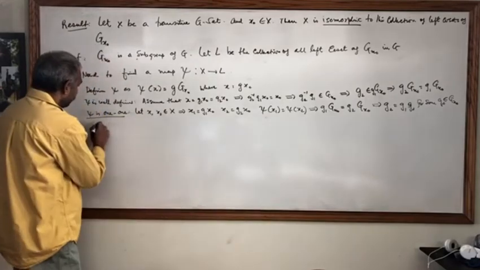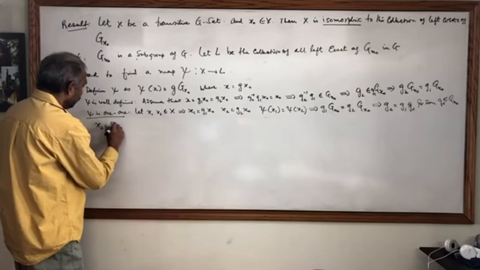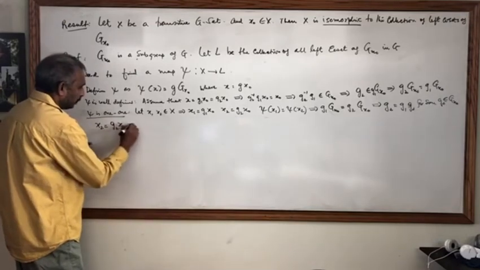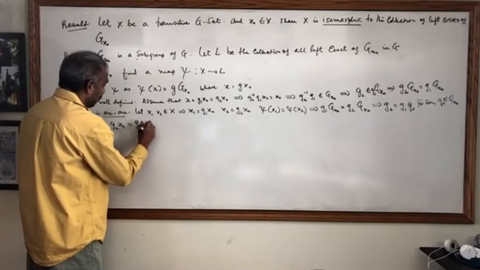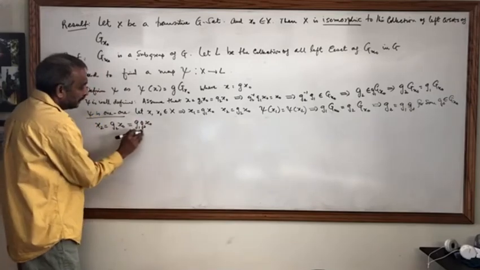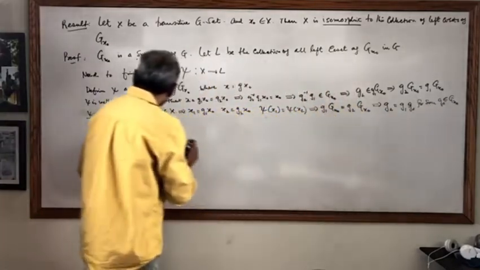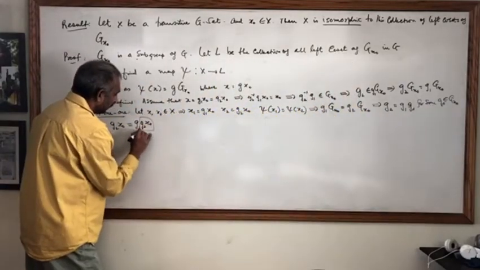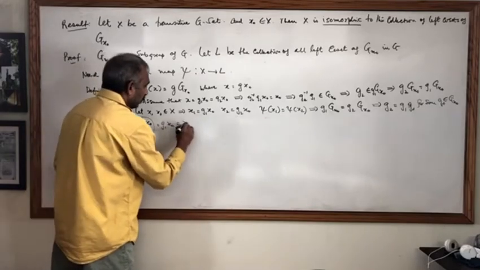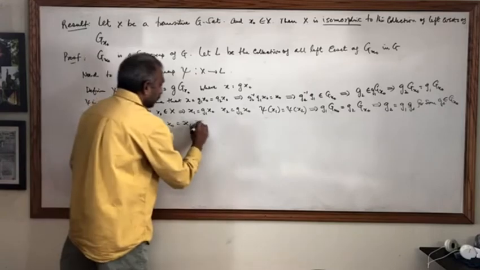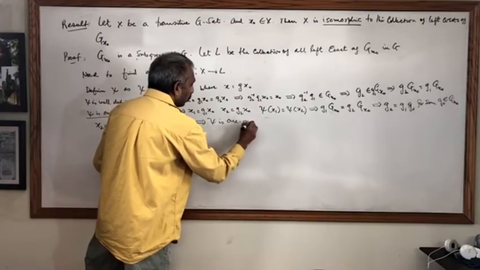Now let us start from here. x2 is equal to g2x0, g2 is g1g0, so x2 is g1g0x0. g0 is from Gx0, so this is actually g1x0, and that's equal to x1, and that implies psi is 1-1.